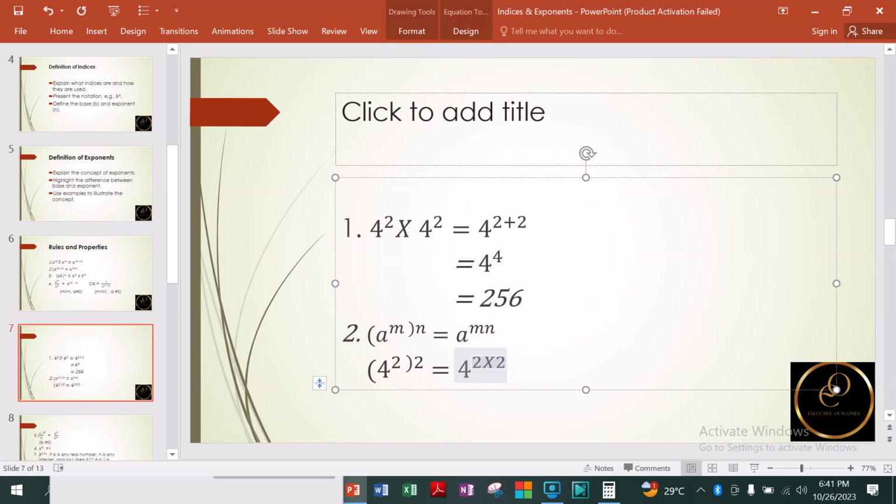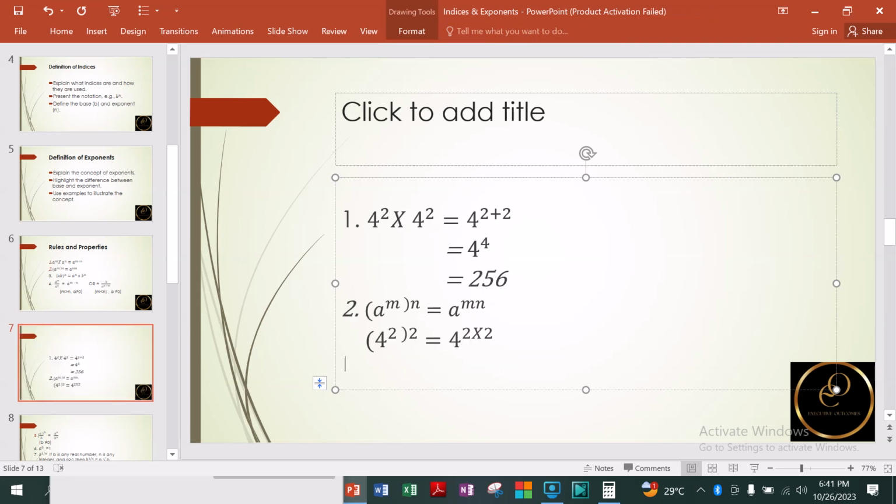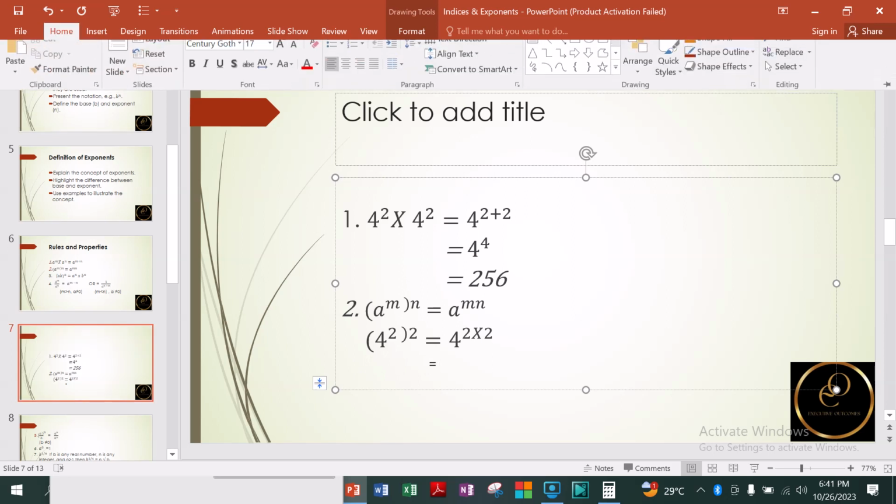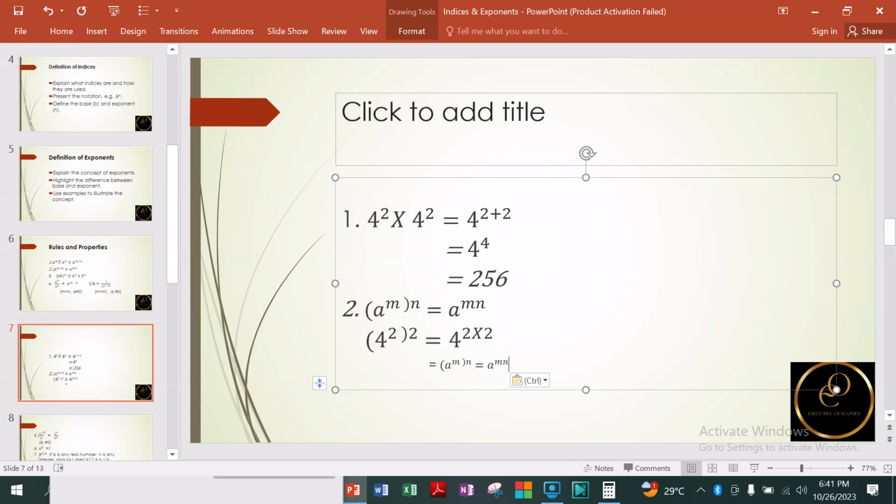So meaning that we're going to have this equal to, let me write it this way.